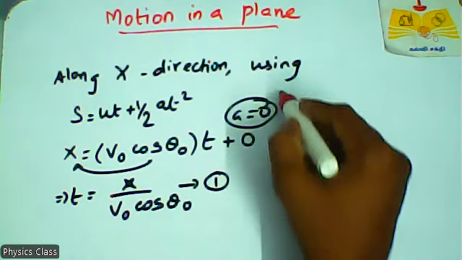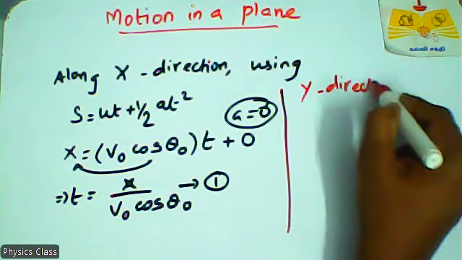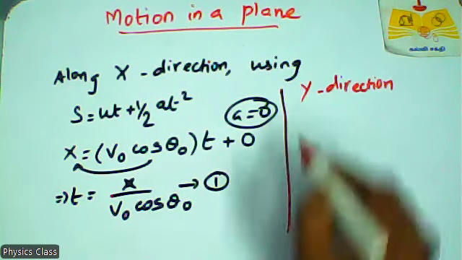For the y direction, meaning vertical, the same equation applies: S = ut + ½at².